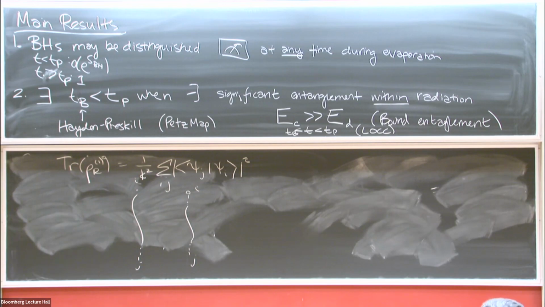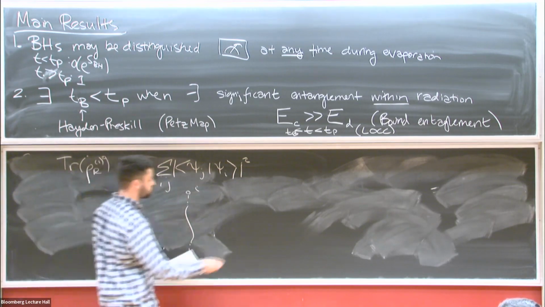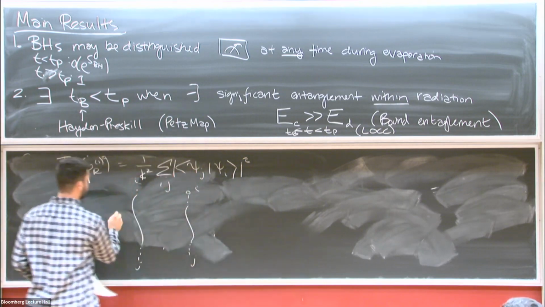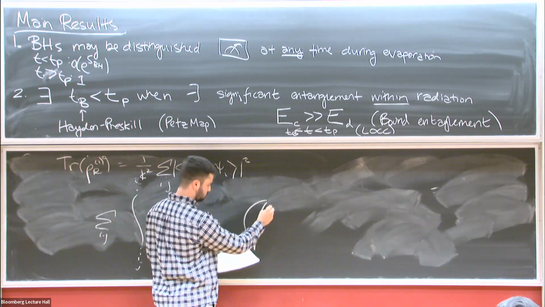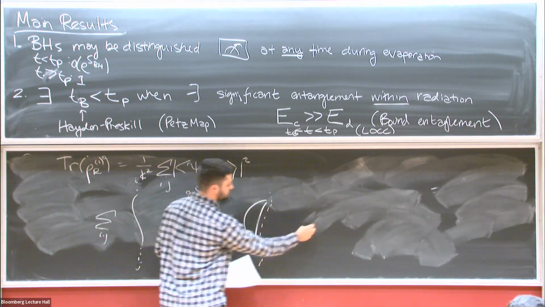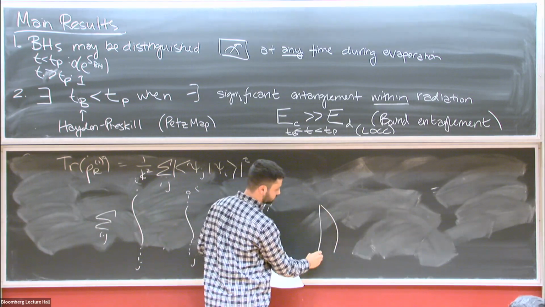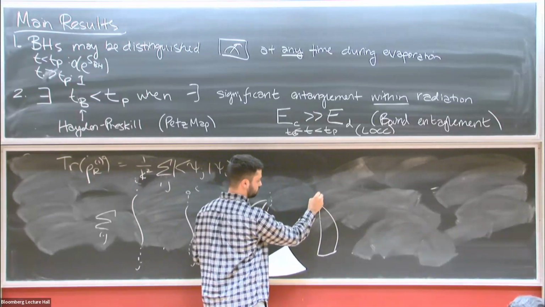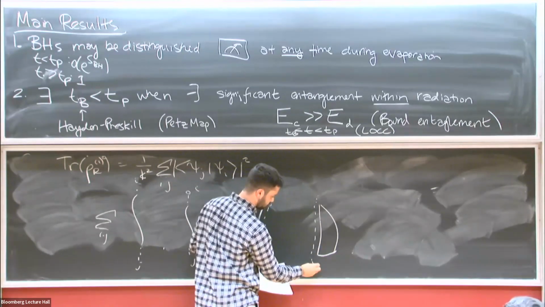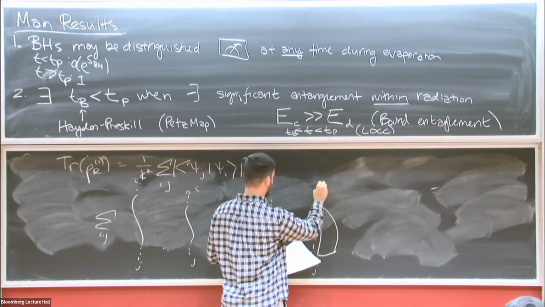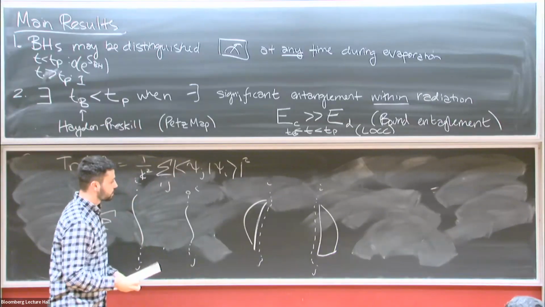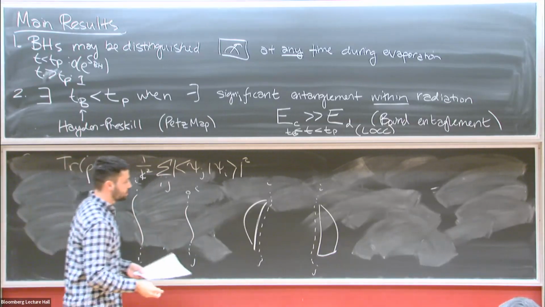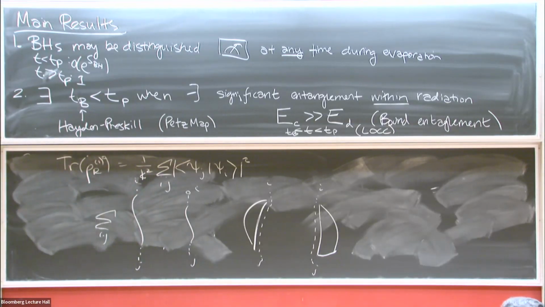So one way is to not include wormholes, because there's still this sum here. If you don't include wormholes, you just get this first term, that's like two disconnected spacetimes that connect the I and J indices, these brane indices. And then there's a different configuration that connects the two.